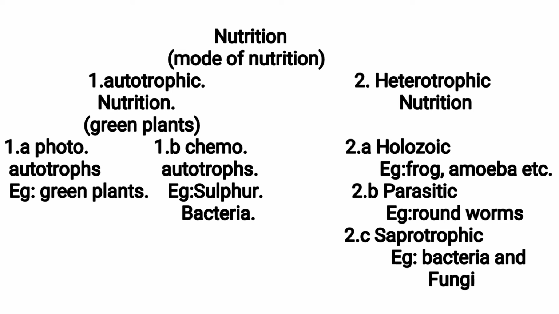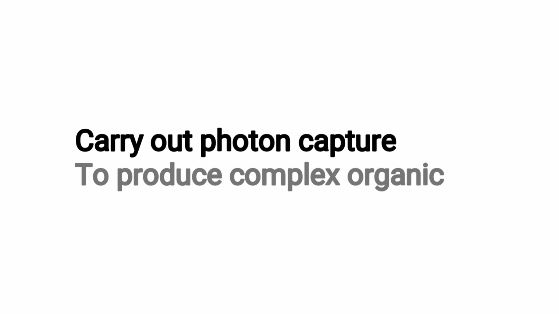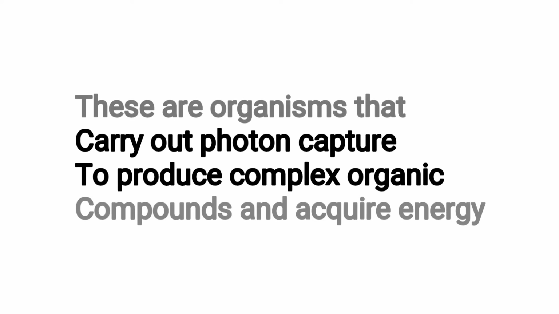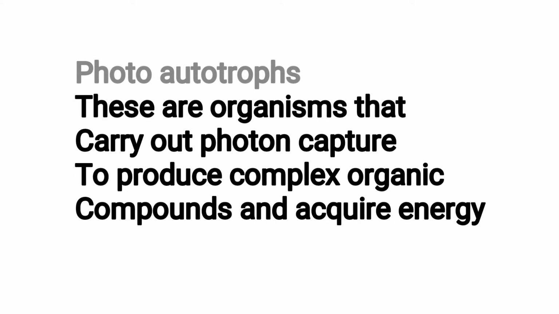Autotrophic nutrition we have already studied, and there are two types of autotrophic nutrition: photoautotrophs and chemoautotrophs. Photoautotrophs are organisms that carry out photon capture to produce complex organic compounds and acquire energy.